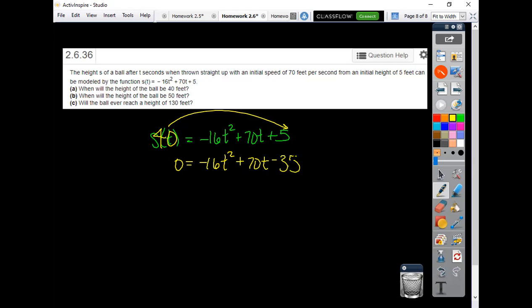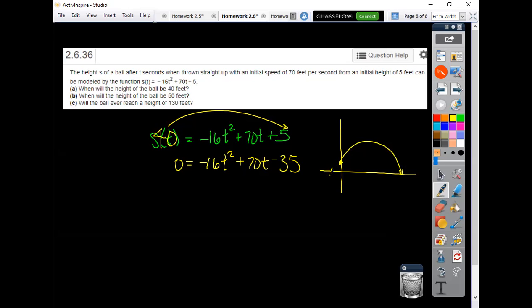Now, if we get a negative time, it's not anything we can use, because we're starting at 5, going up and coming down. A negative answer would be before we threw the ball. So we just need the positive solution.